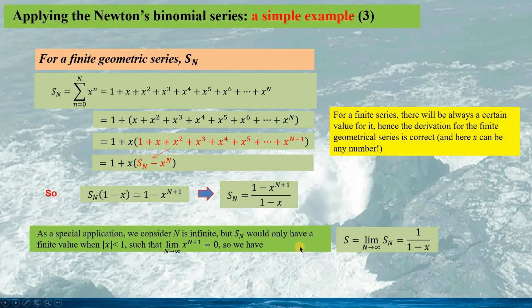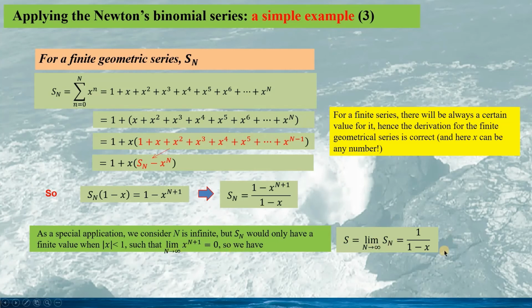As a special application for this series, we now consider n is infinite. So we can see from this expression, if n is infinite, Sn would only be finite when absolute x is smaller than 1, such that the limit of x power of n plus 1 would be 0 when n is infinite.